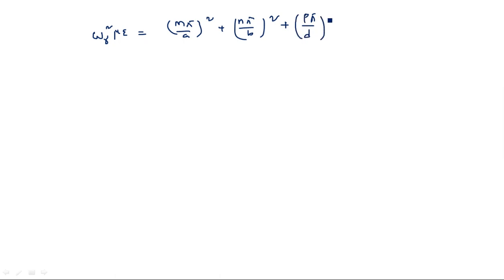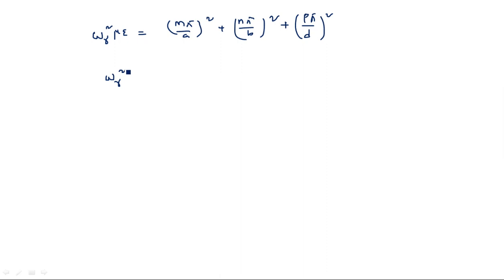So if you substitute that, omega r square mu epsilon equals m pi by a whole square plus n pi by b whole square plus p pi by d whole square. Three parameters are there now, m, n, p. But what we need? Resonant frequency.